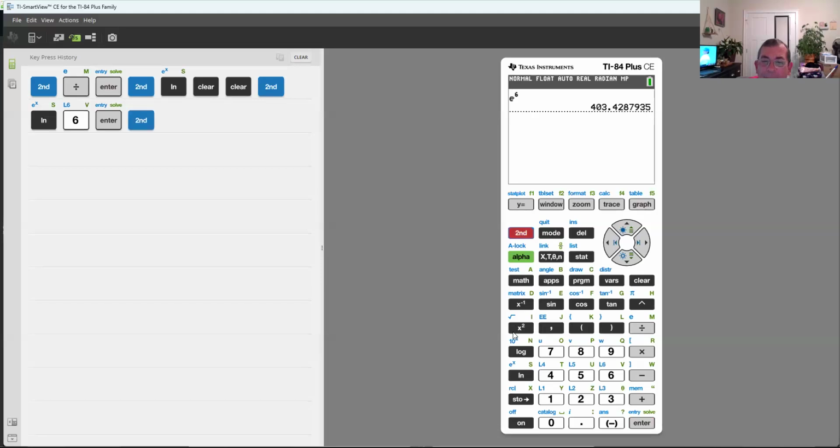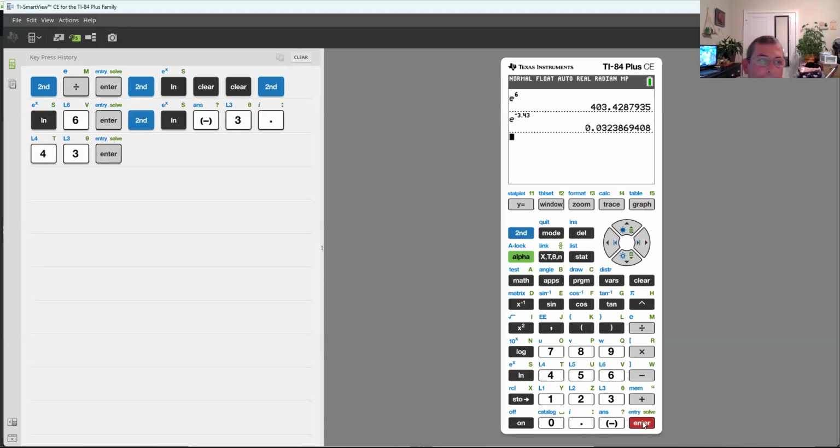So what do we have? Second LN, e to the what? Negative 3.43. Now you're going to hit enter.